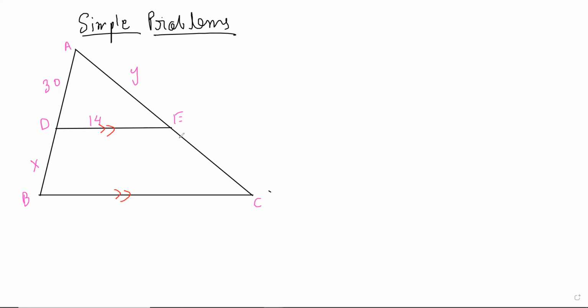And this EC is 15. And BC is also given. So it's a very computational question, but we're just trying to understand that similarity can be useful. Of course, now the challenge is to find X and Y. Very straightforward application, but let's do it. Find X and Y.